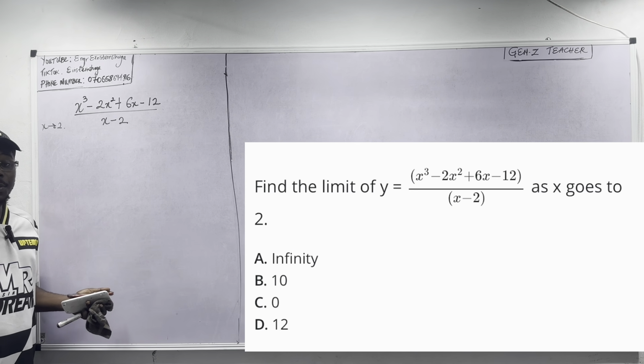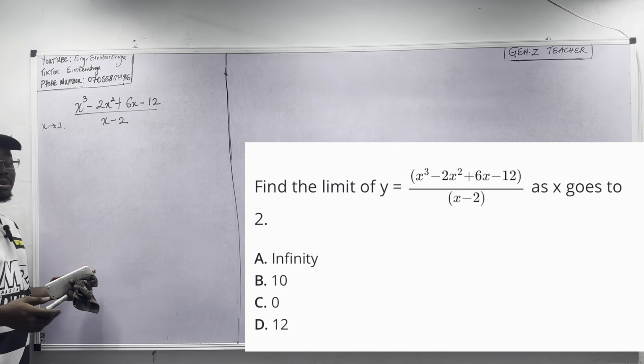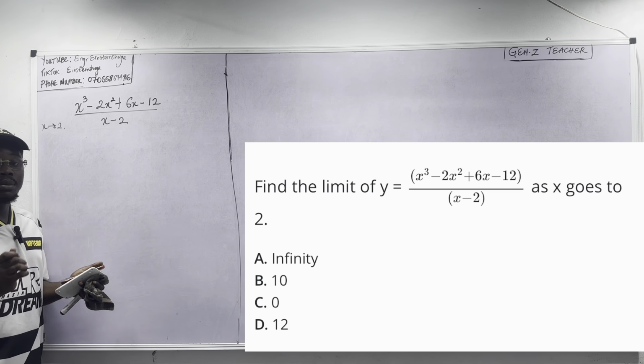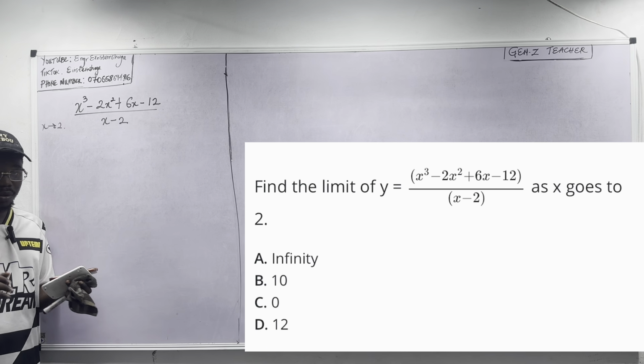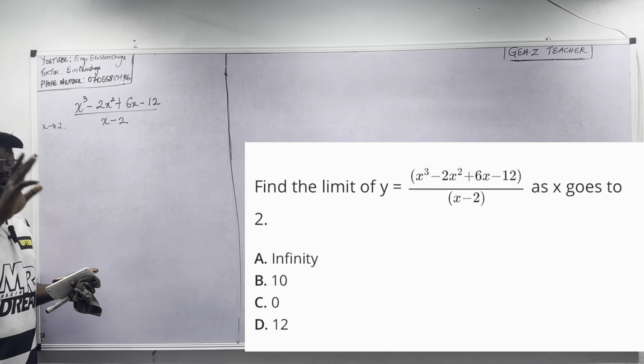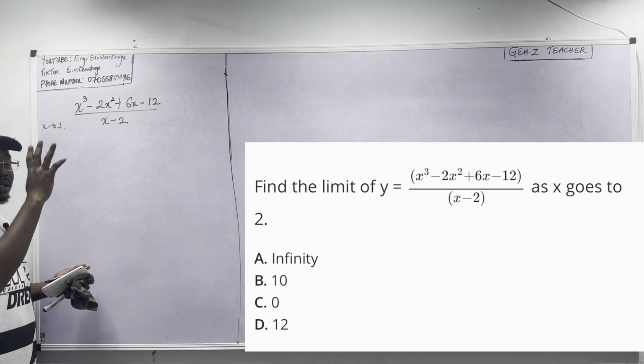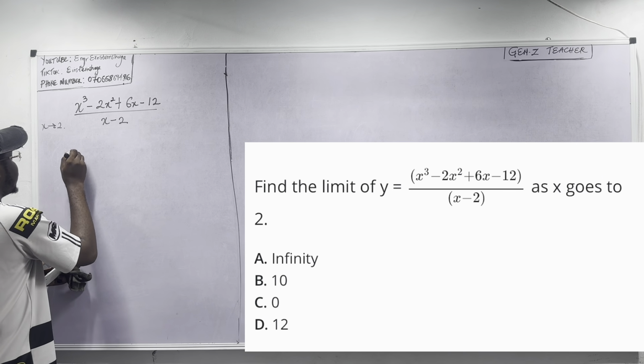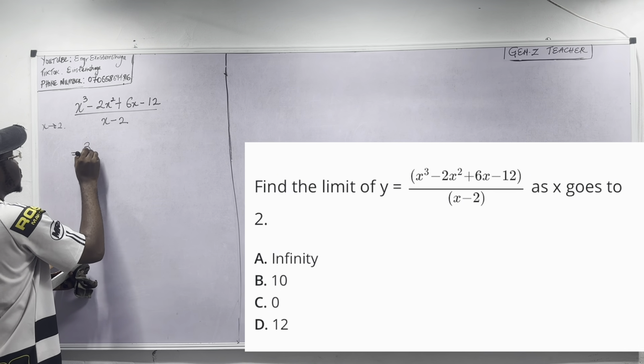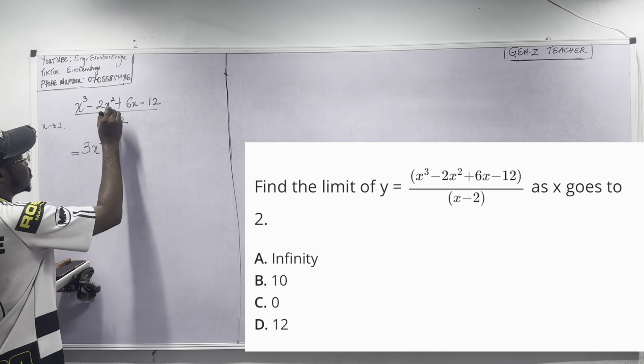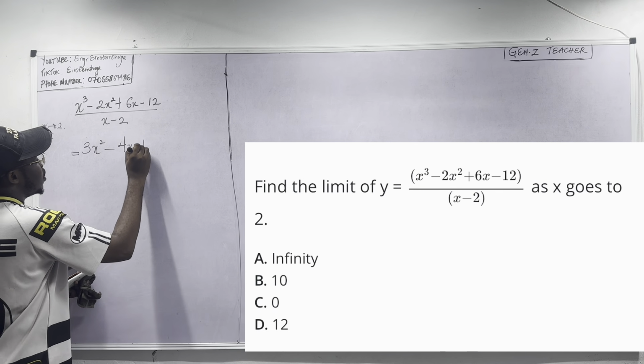So the best to apply is L'Hopital's rule. What does it mean? Differentiate every term singly or separately, okay? Don't apply product rule or quotient rule. Just differentiate separately. So if you differentiate the top, x cubed gives you 3x squared, and 2x squared gives you 4x, and then we have plus 6, okay?